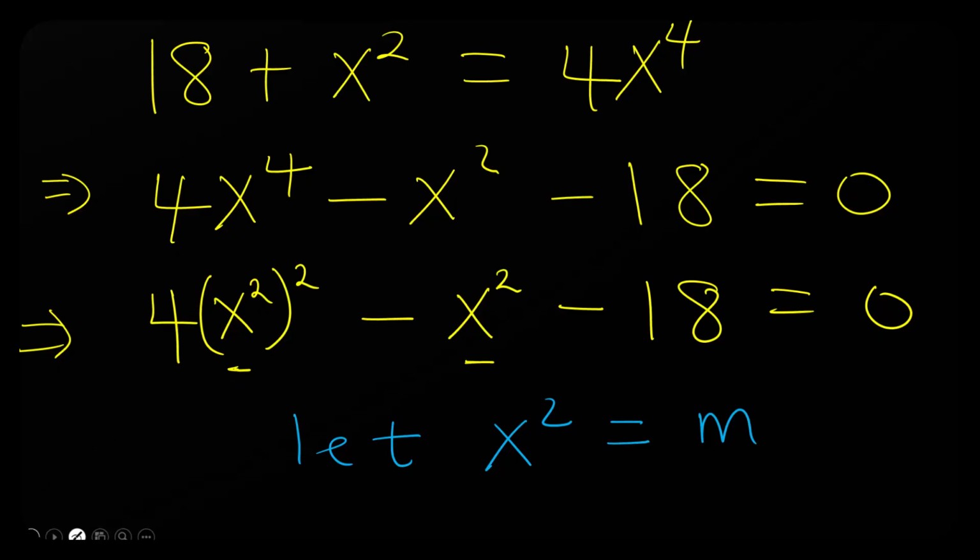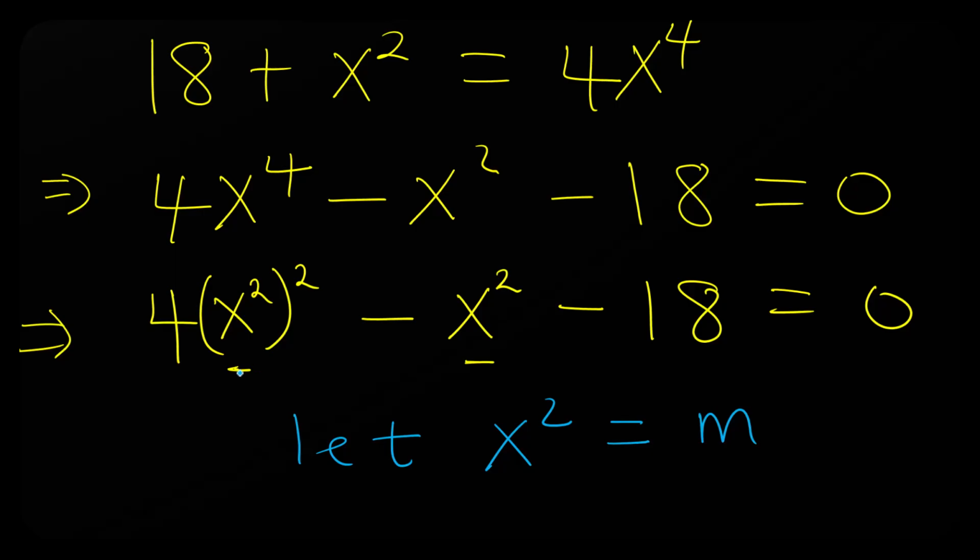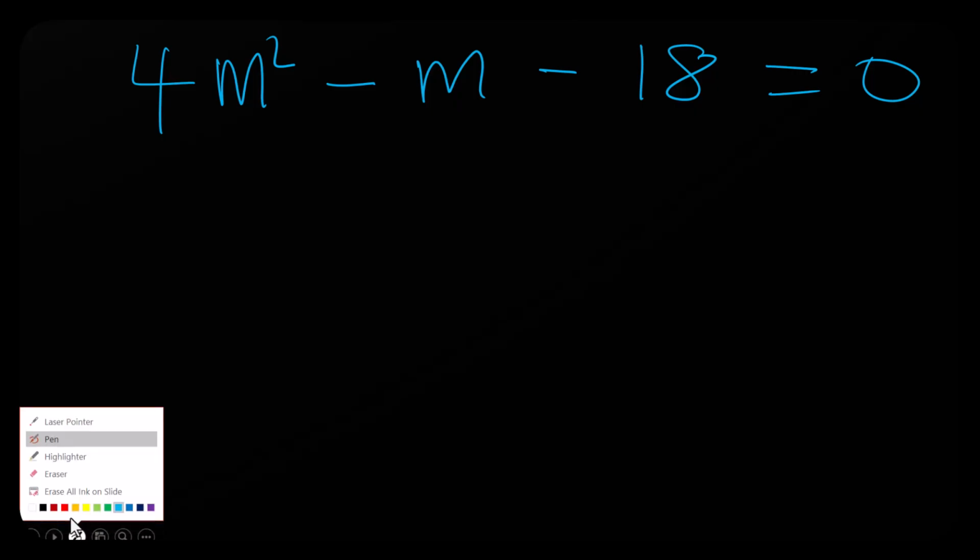So that will be 4m squared minus m minus 18 equals 0. So we have a quadratic here.